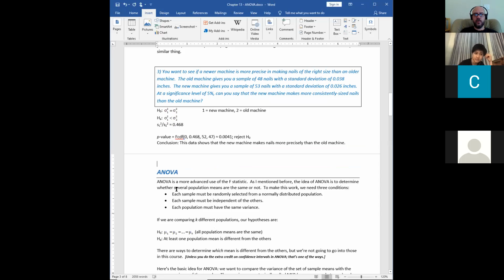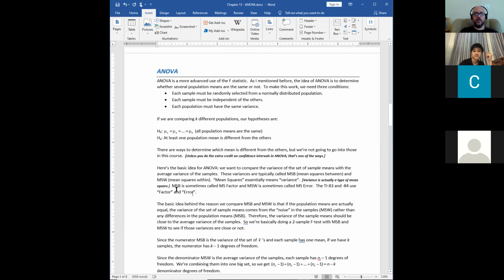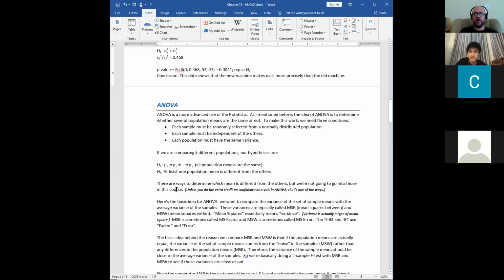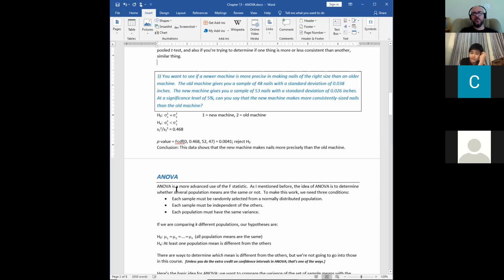Do you remember when we were doing 2-sample hypothesis testing and we did a 2-sample t-test, and one of the options at the bottom was pooled or unpooled, and I just said always use unpooled? The reason is that to use pooled, what you should really do is this 2-sample F test, because it tells you whether your standard deviations are close enough to be considered the same, which is what pooled is doing.